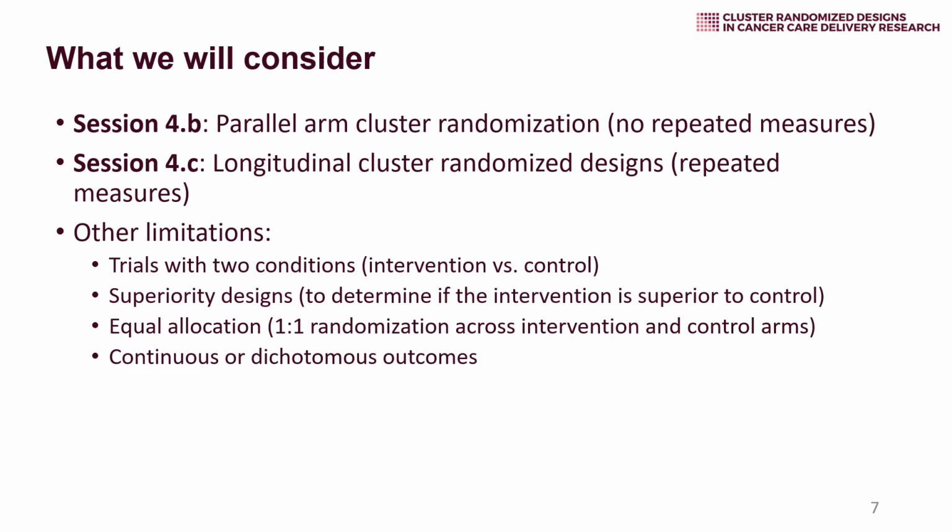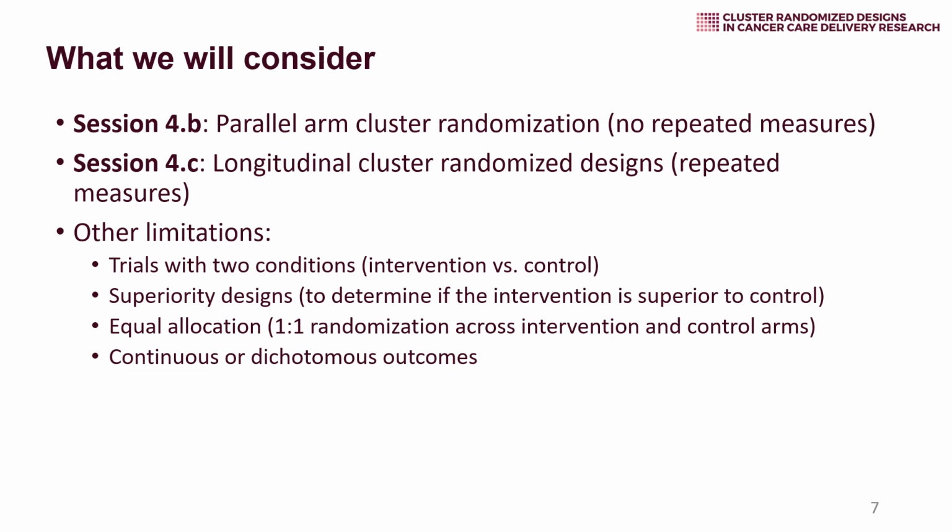A few other things that we're going to limit our consideration to here. In this particular mini session, we're only going to think about sample size determination in parallel arm cluster randomized designs, so we're not going to include any repeated measures at all at the moment. We're also going to restrict ourselves to trials where we compare two treatment conditions, which we're going to label as intervention and control.